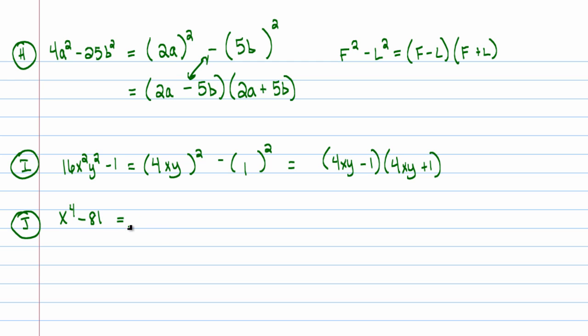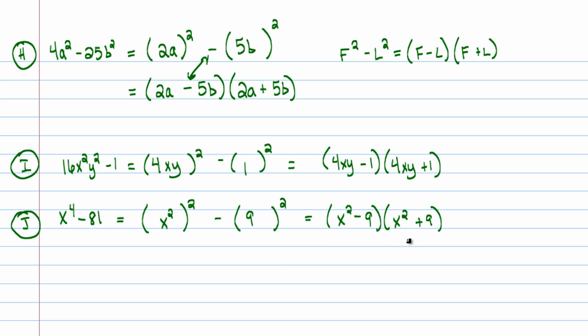This is an interesting problem because this is a difference of squares, actually. 81 is just 9 squared, and x to the 4th is x squared being squared. So if you write that as a difference of squares, it's x squared, the first object, minus the last object, times the first object plus the last object.